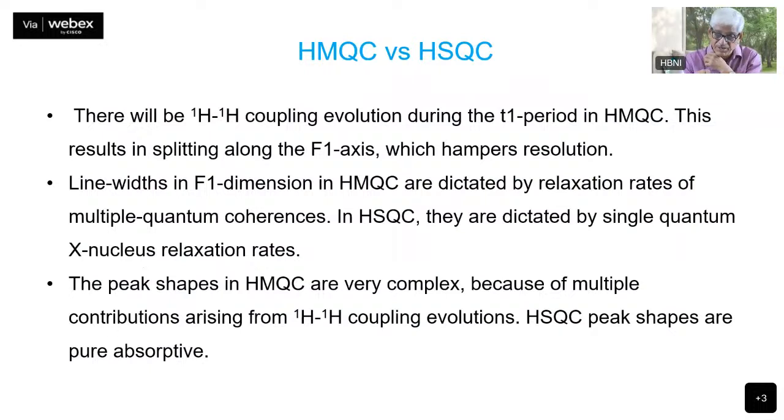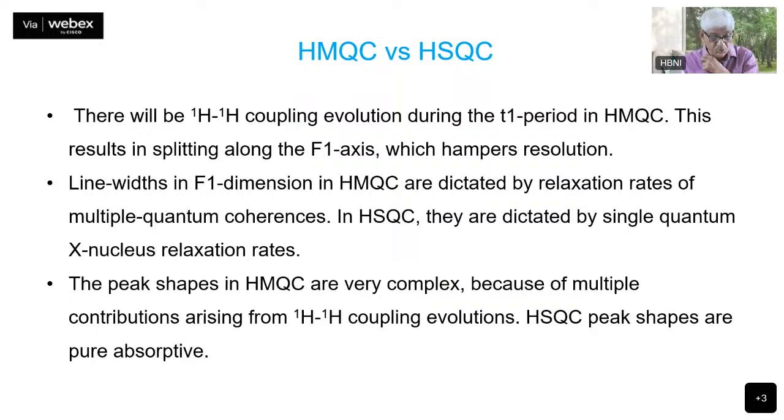The line widths in the F1 dimension in HMQC are dictated by relaxation rates of multiple quantum coherences. In HSQC, they are dictated by single quantum X nucleus relaxation rates. Sometimes this can be an advantage, but sometimes it may not be. The peak shapes in HMQC are very complex because of multiple contributions arising from proton-proton coupling evolutions.